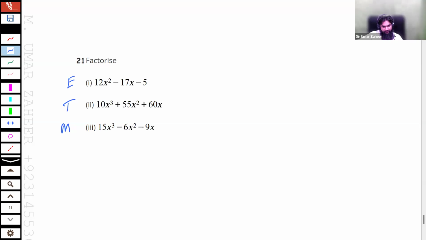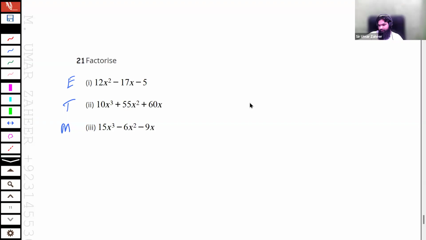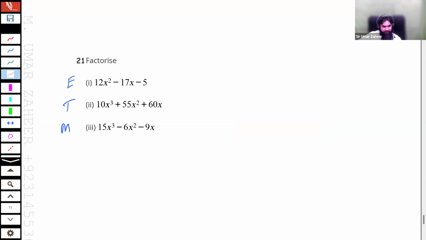Alright, I see the picture. Mustafa. So you have to take x as common, it will become 3x squared, y is 51, 126. You have to take 3 to the previous one.